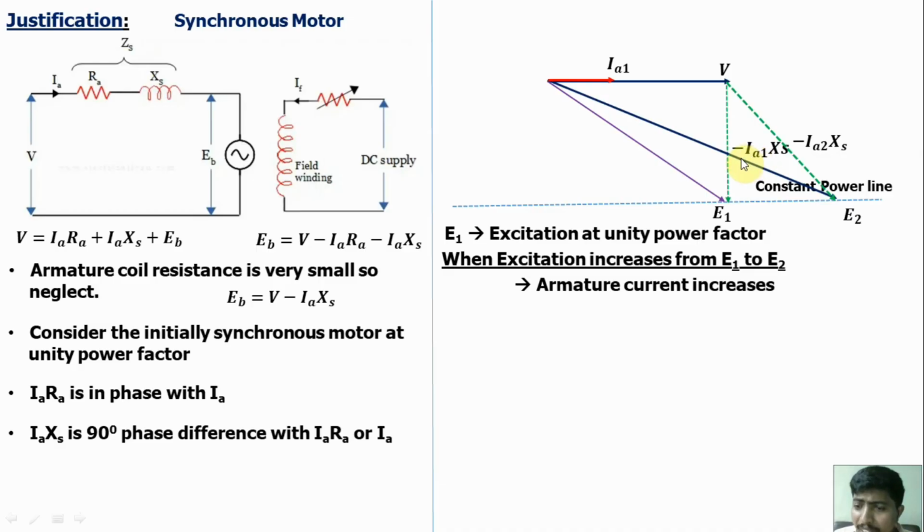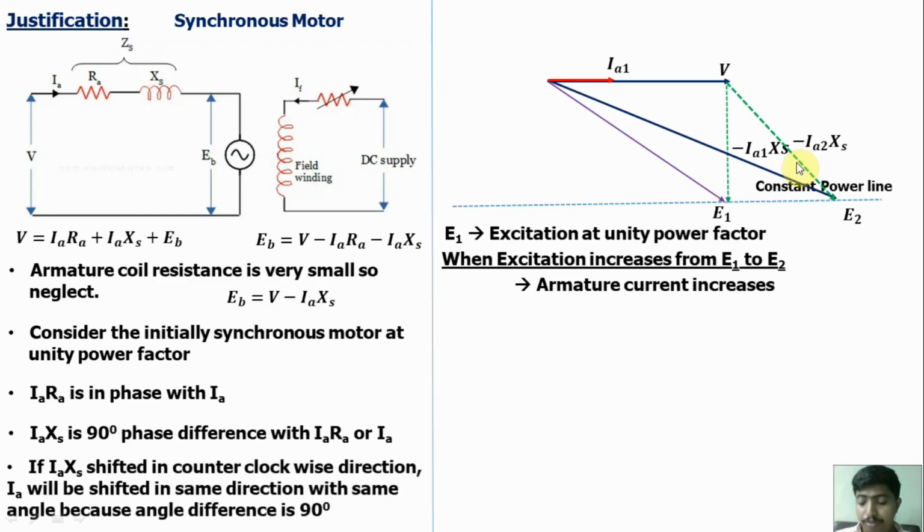So if IaXs is shifted in the counterclockwise direction, Ia is also shifted in the counterclockwise direction. So we will get this. Because always the angle between Ia and IaXs is 90 degrees, if it is shifted clockwise, it will also shift clockwise to maintain the 90-degree phase angle difference.